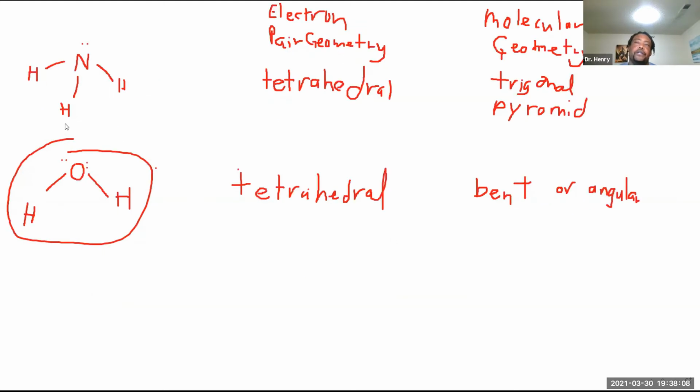Now, if we looked at water here, and the electronegativity between hydrogen and oxygen, oxygen has more electronegativity than hydrogen. So in this case, the electrons are going to be going towards the oxygen in both cases, both sides.